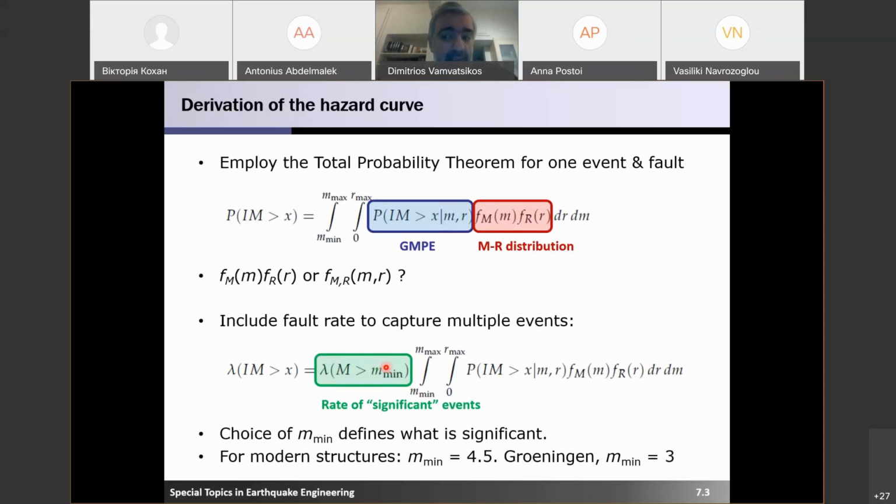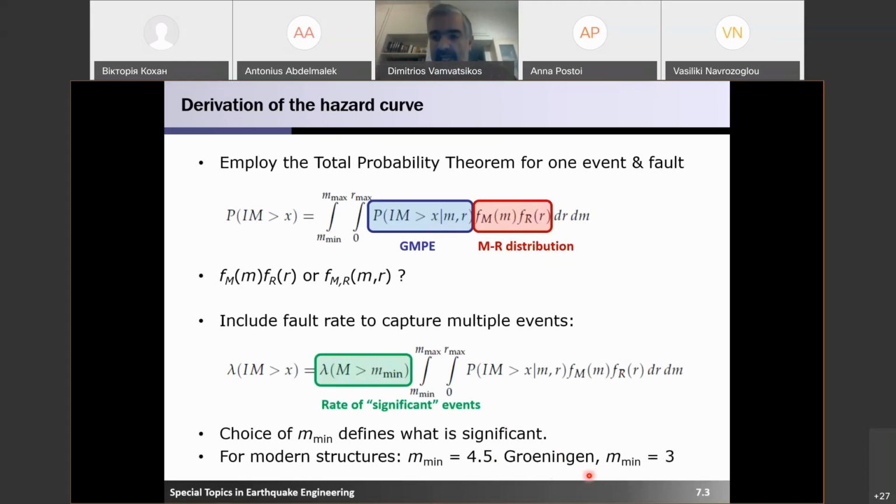What this magnitude is can change. Typically, people will tell you that for modern structures, a 4.5 is the minimum you would care about, because otherwise nothing happens. But if you're talking about an area that has been non-seismic for many, many years, like Groningen in the Netherlands, and now suddenly it's seismic, and all the structures around are fairly old, fairly badly constructed for us seismic people.